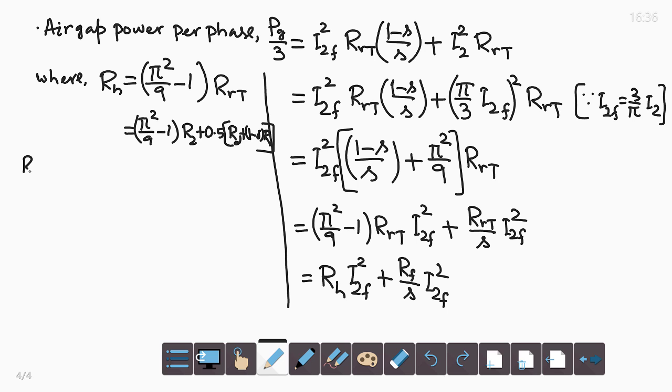R H accounts for rotor harmonic copper loss.